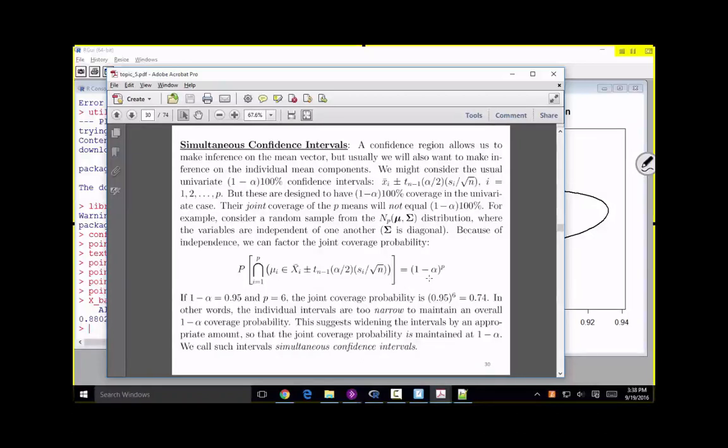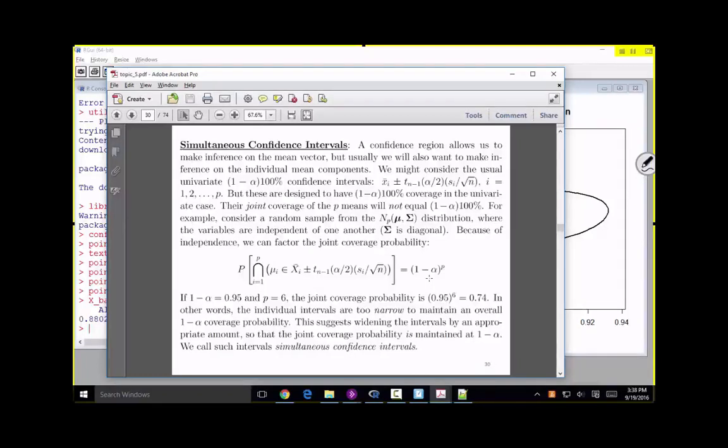If I had p equal 5 variables, and I did a usual univariate style 95% confidence interval for the mean of variable 1, and then a usual univariate style 95% confidence interval for variable 2, and 3, and 4, and 5, overall I don't have a 95% simultaneous set of confidence intervals.